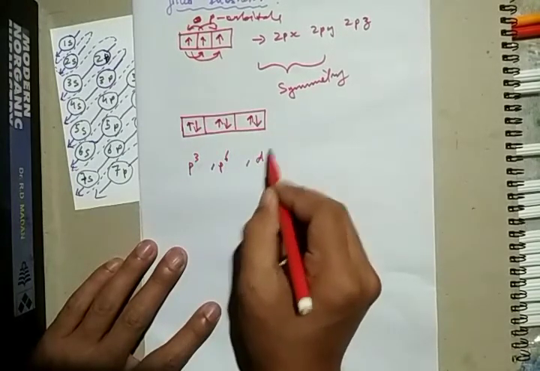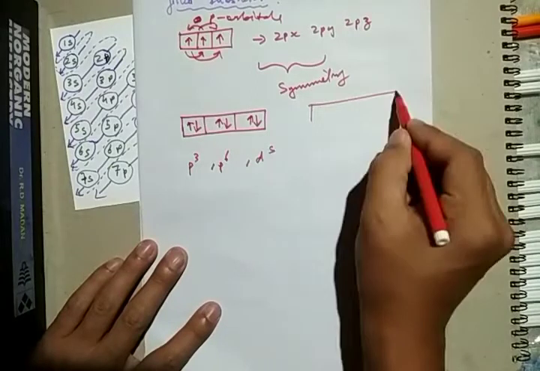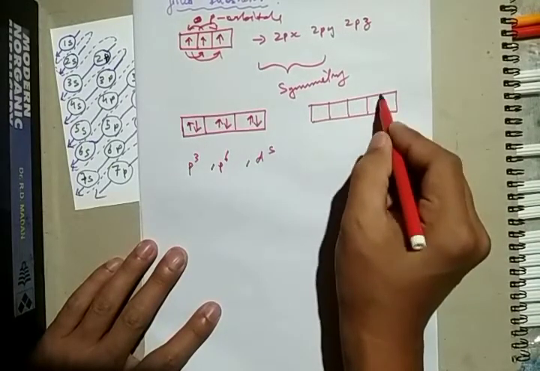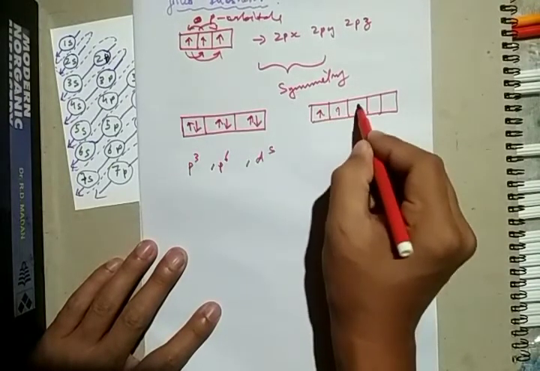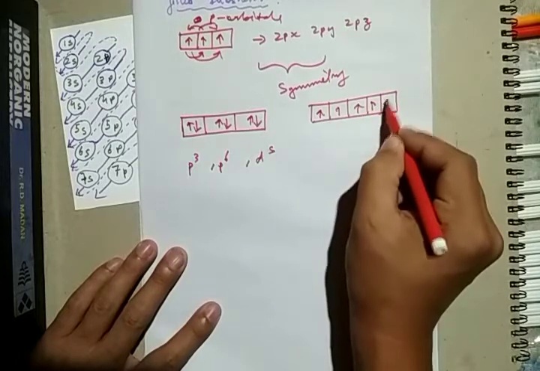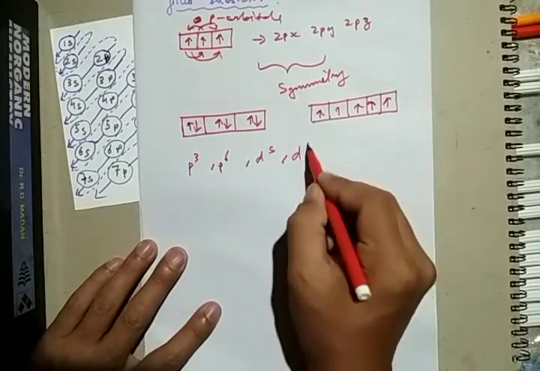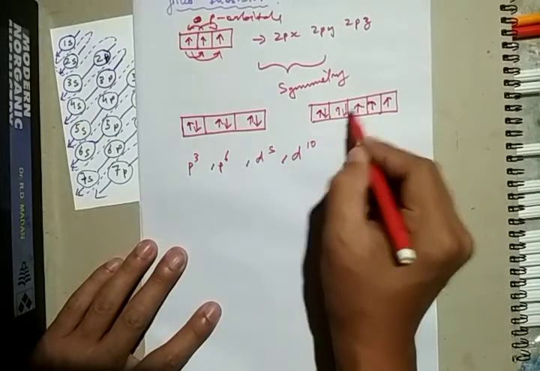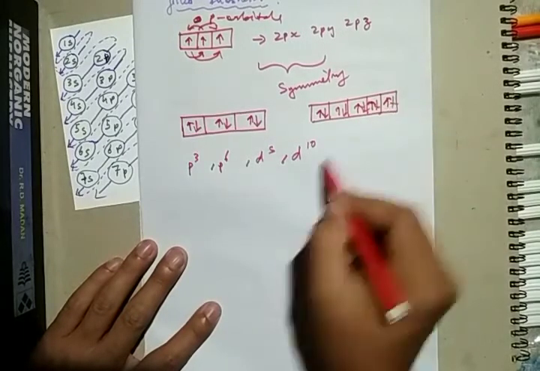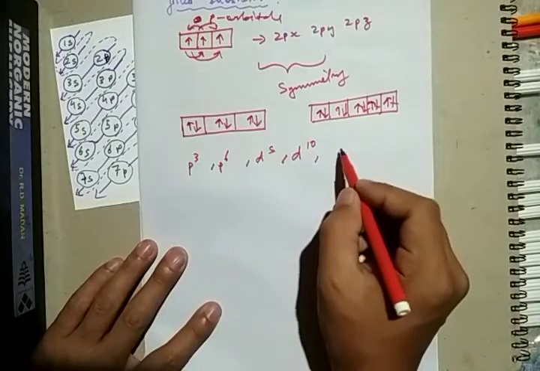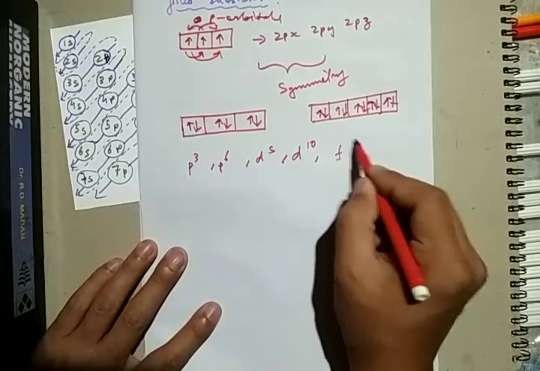D5 means singly filled, so these are half filled. D10 is fully filled. So fully filled orbitals and half filled orbitals are stable.